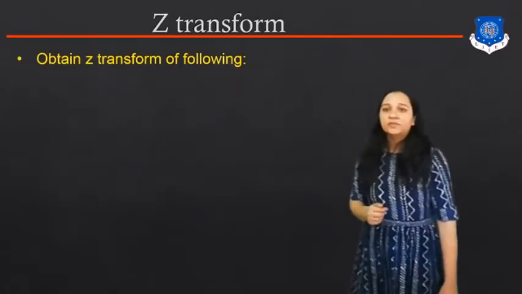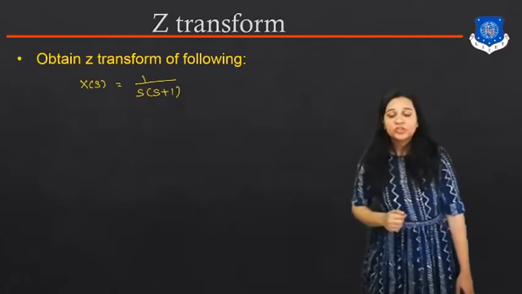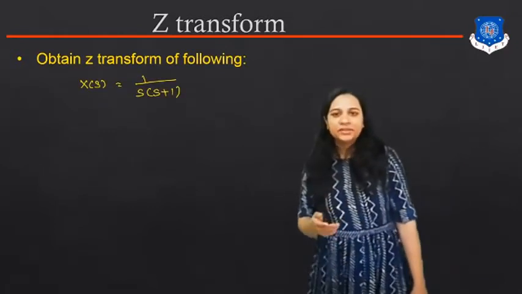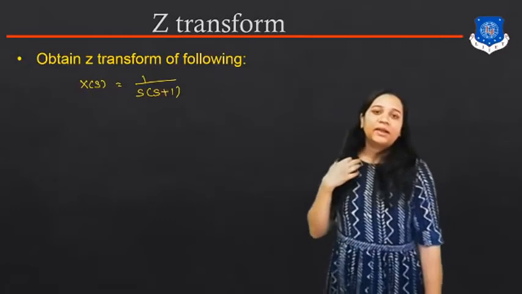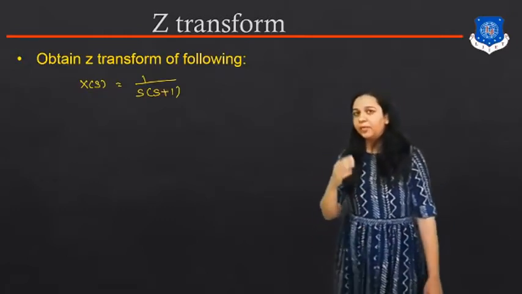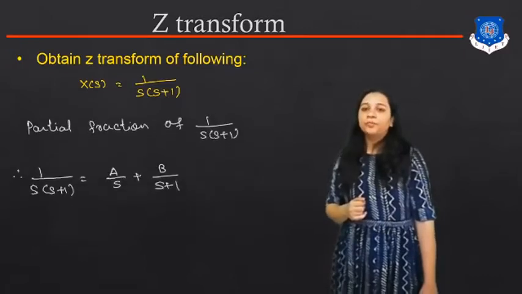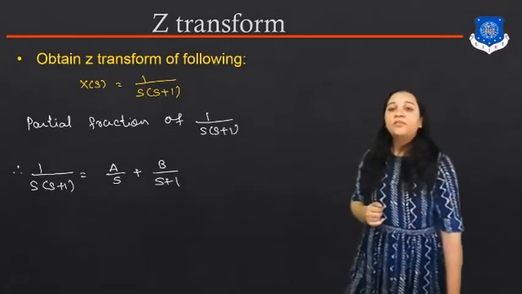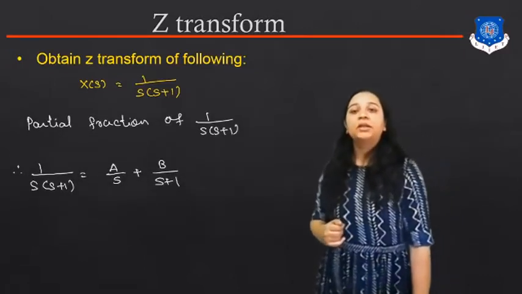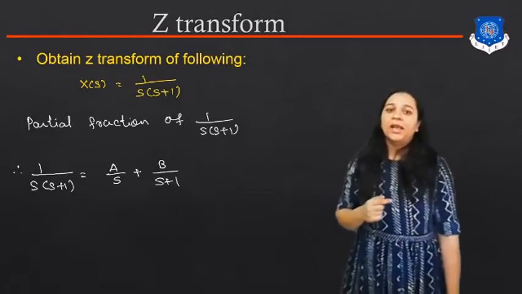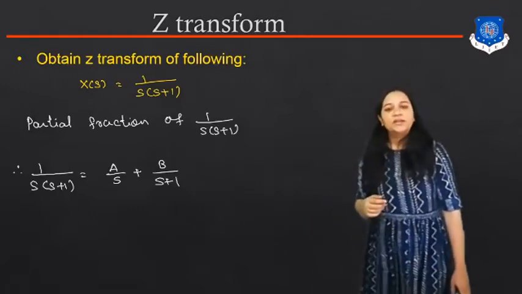Now the next one is to obtain the z transform of this transfer function, and the transfer function given is 1 upon s into s plus 1. So first of all, we have to do partial fractions of the term. Now what is the partial fraction method?